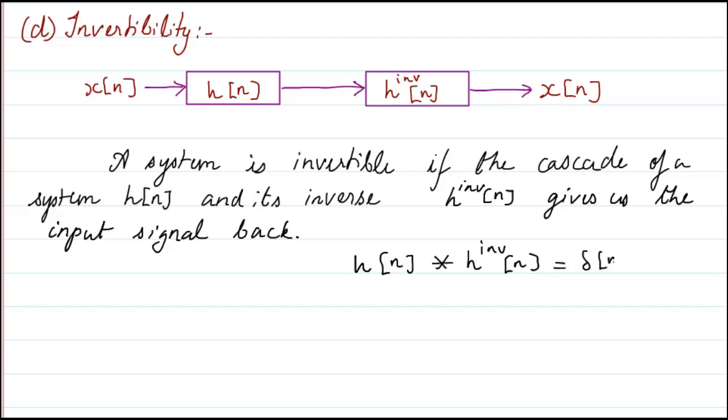That means its value should have a 1 at n equal to 0. This is the only condition. So we have to prove it. Let's prove it on a different page.